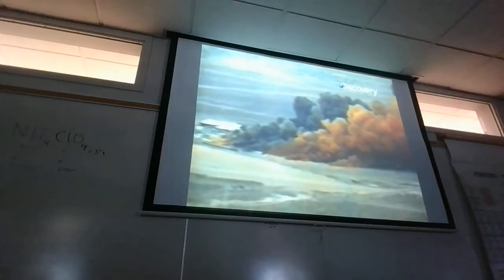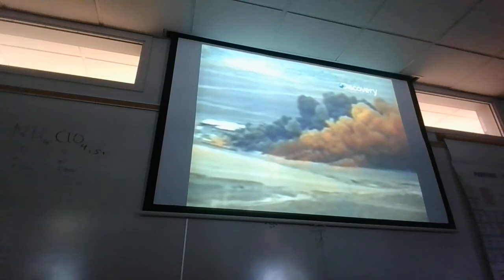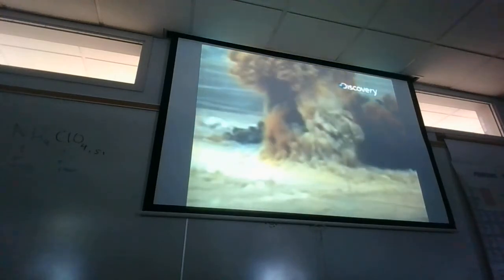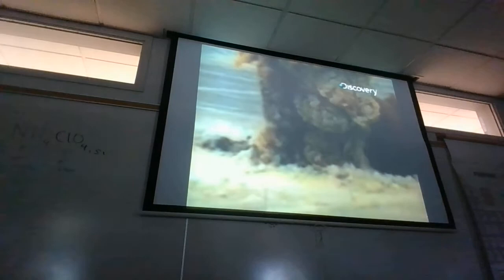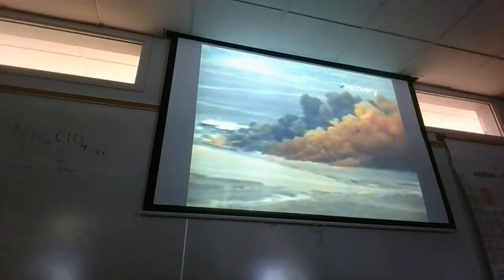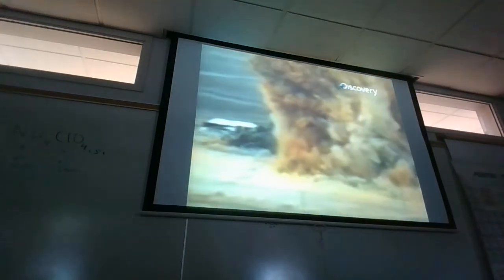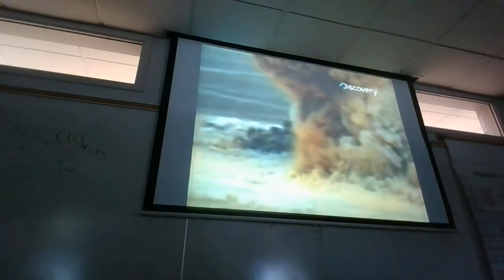Multicolored smoke indicates volatile chemicals continue to burn. Did the blast detonate all of the rocket fuel inside the plant? The explosion is massive. Its shockwave completely decimates this building.